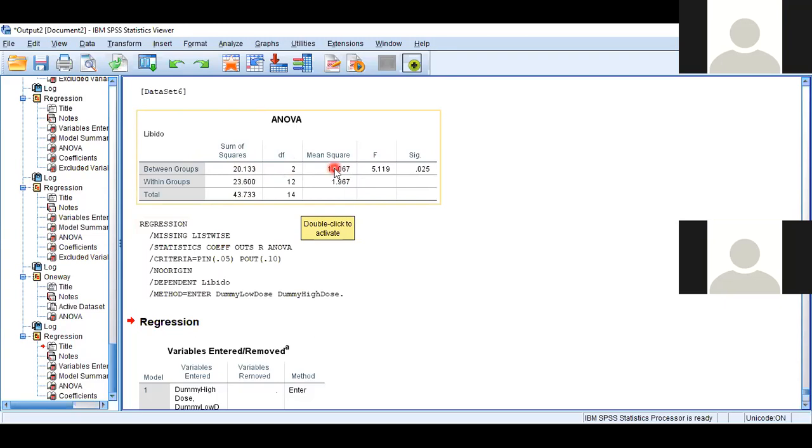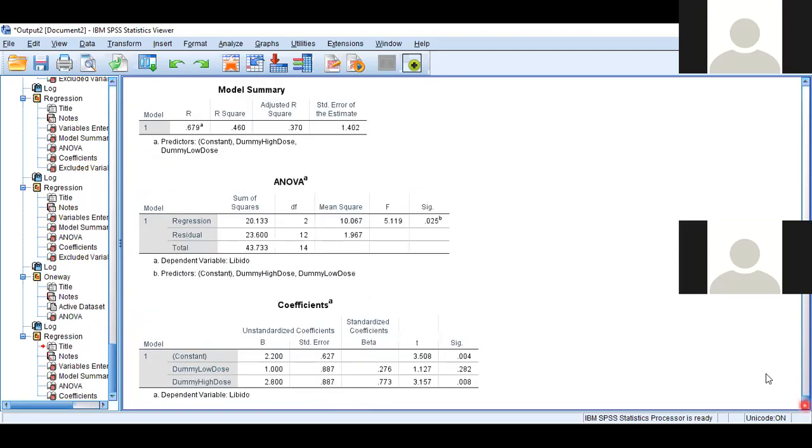This is the variance between, which is the model, divided by the variance within. The upper one is the variance the model can explain, and this one is the variance the model cannot explain. When you divide this by this, it gives you this, which shows that what it can explain is 5 times more than what it cannot explain. If you run this as a regression, it gives you exactly the same thing. Look at it.